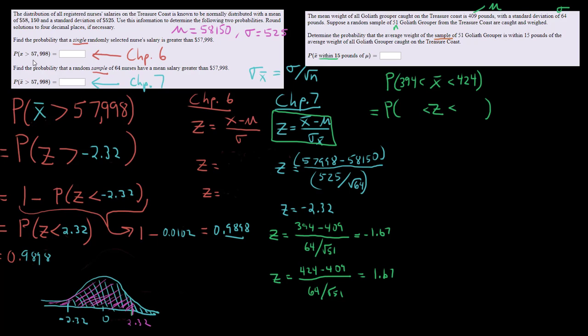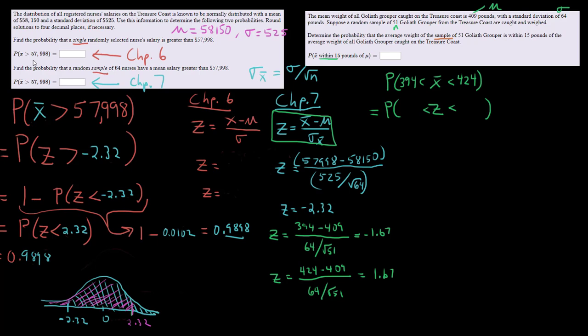Here, I'll punch in my calculator just to make sure I didn't make a mistake on the first one. But as long as the first one was correct, and it indeed was negative 1.67, then the second calculation has to be positive 1.67, just because of symmetry here. So 424 minus 409 divided by, put parentheses around your numerator and denominator, 64 divided by the square root of 51, and yep, we get positive 1.67.